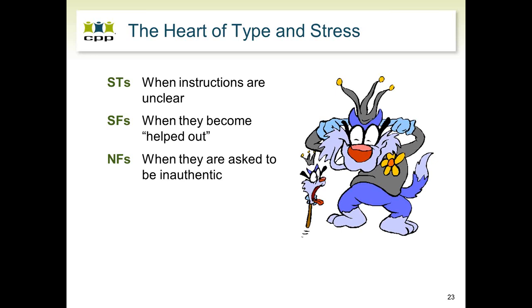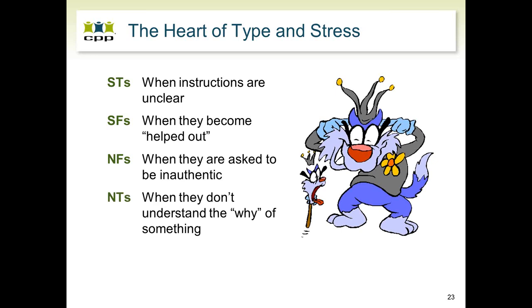We're just talking about triggers, things that throw you out of your type into the other side. NTs will experience this when they don't understand the why behind what they're doing. They're learning something in a classroom, for instance, and they don't understand the theoretical rationale for what's being taught, and they'll often go into an angry mode or a frustrated mode.